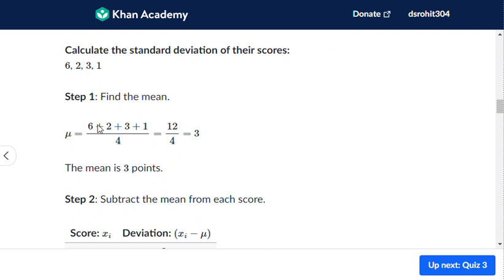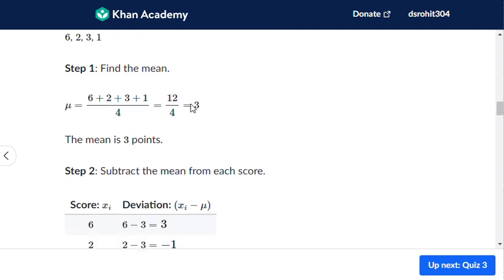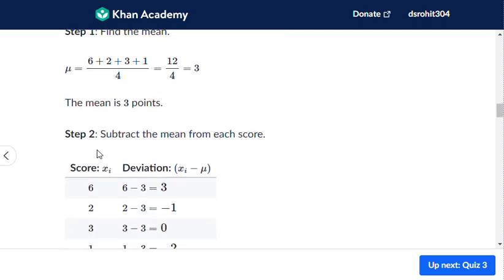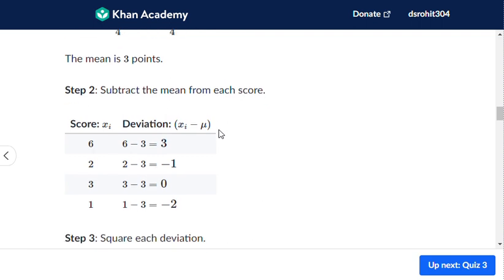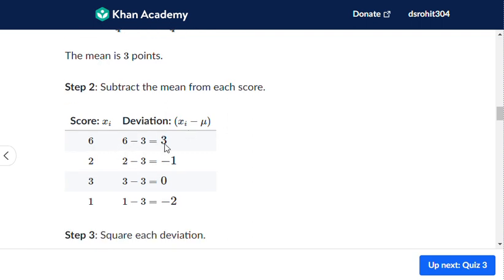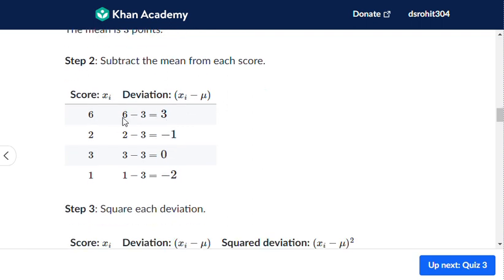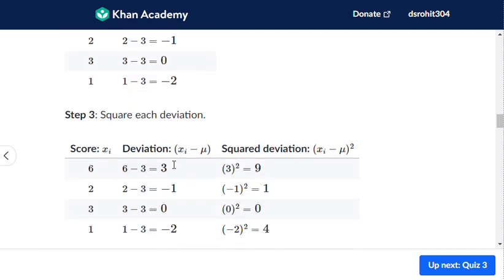In this example, we first calculate the mean. I added all these and divided by 4, and the mean is equal to 3. Then we subtract the mean from each point: 6 minus 3, 2 minus 3, 3 minus 3, and so on.